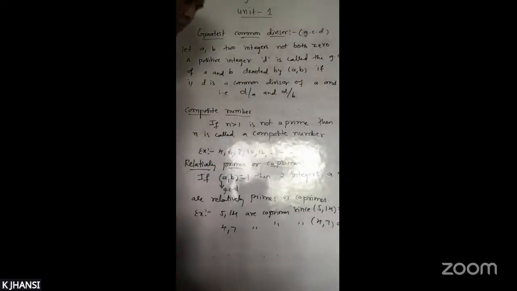If the number D divides both the numbers A and B, then it is a common divisor.